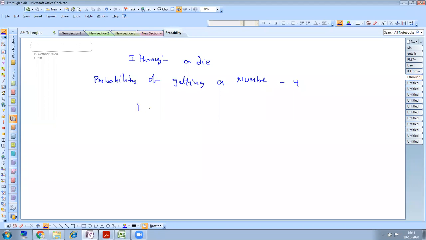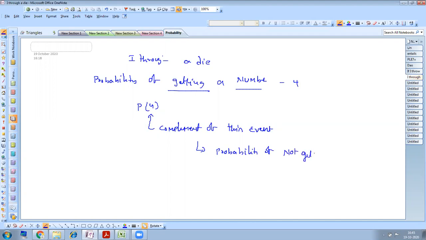This is one event. The complement of this event is nothing but the opposite of it, which is not true. The true statement is getting a number 4. The complement is the probability of not getting number 4.